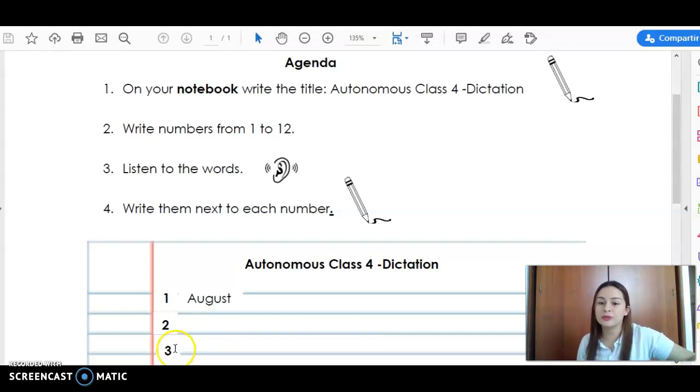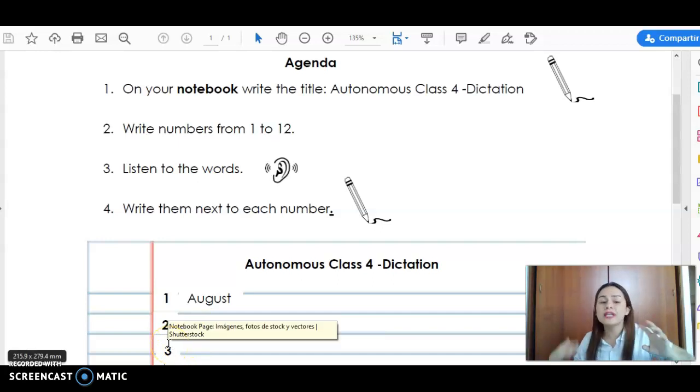We're going to the number 3. If you feel that it's very fast, remember that you can pause the video and then you can repeat the video, okay? Number 3.